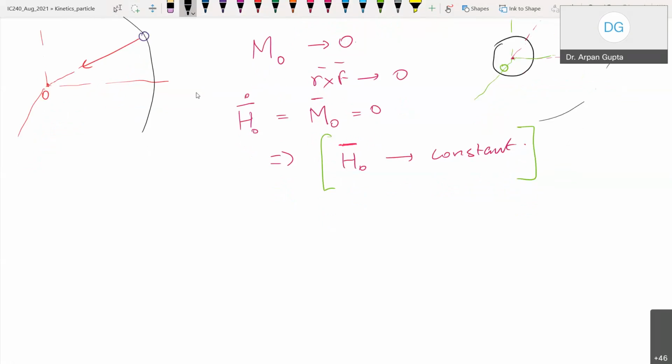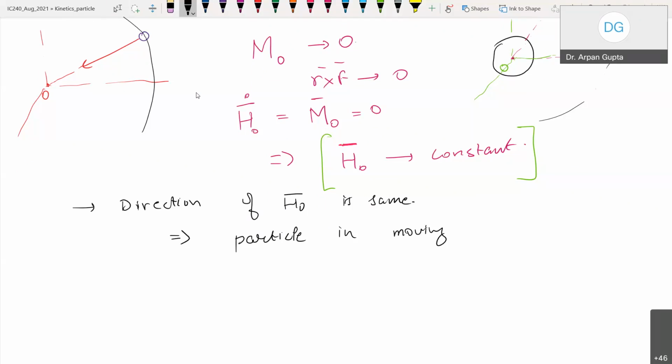So one very important conclusion, if the direction of h naught bar is same or constant, it means that the particle is moving in a fixed plane.